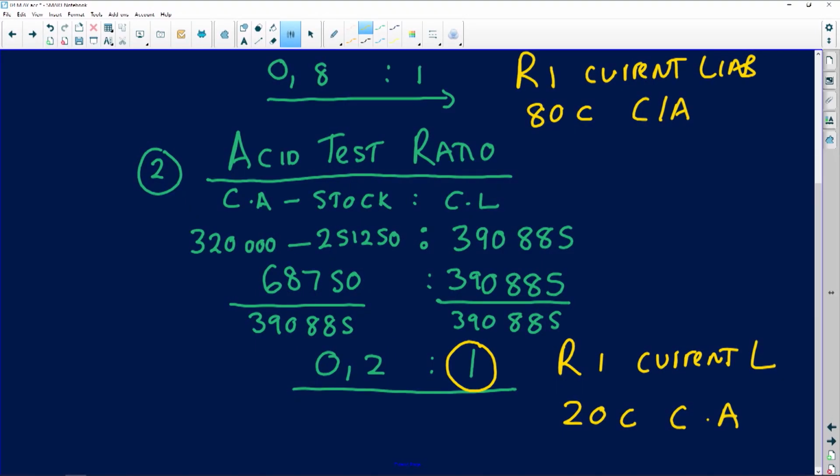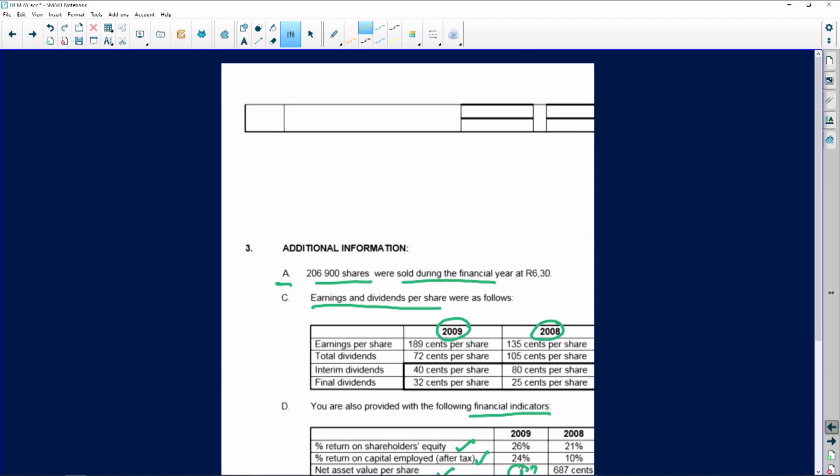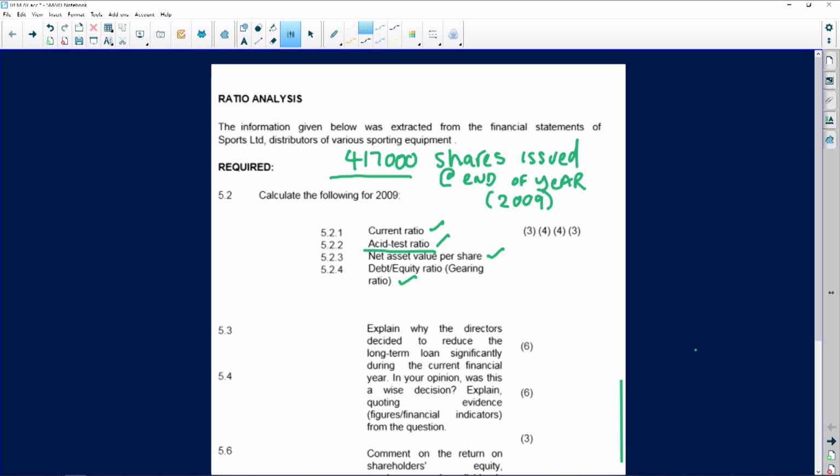They are not going to have enough cash to pay off their short-term debt. Right, so let's now move on to the next question. The next question wants us to calculate the net asset value per share, NAV, and once again for 2009.